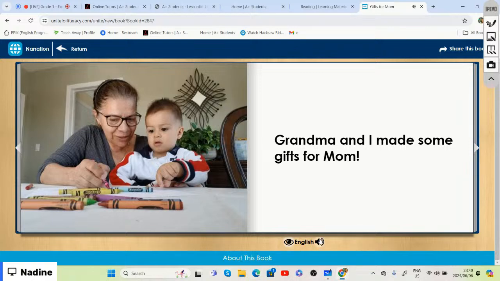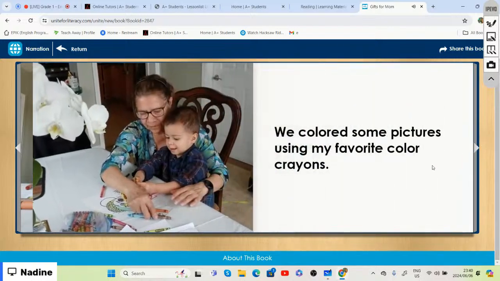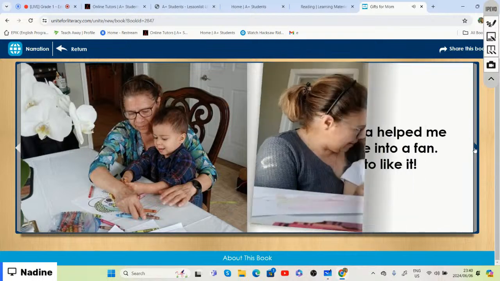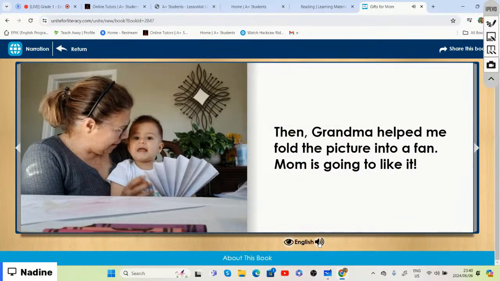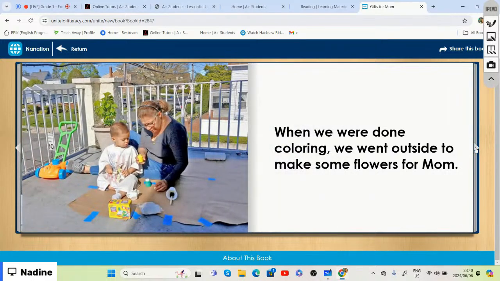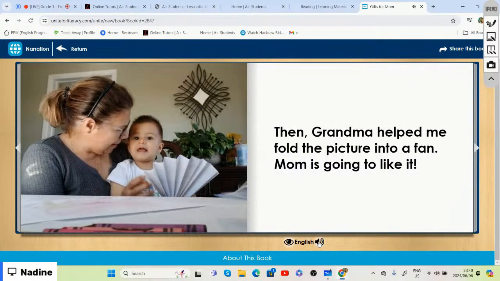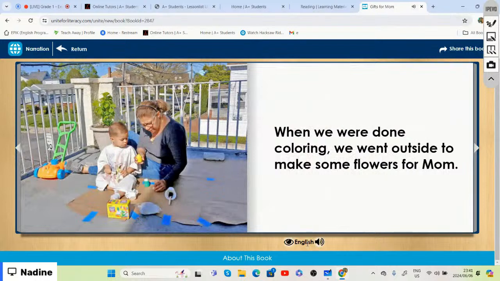Grandma and I made some gifts for Mom. We colored some pictures using my favorite color crayons. Then Grandma helped me fold the picture into a fan. Mom is going to like it. When we were done coloring, we went outside to make some flowers for Mom.